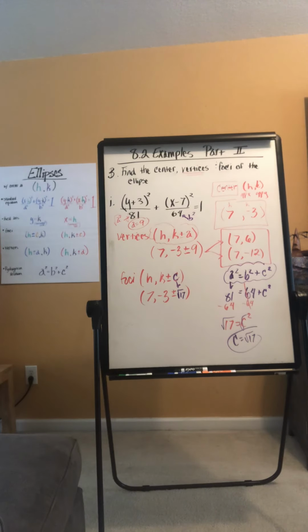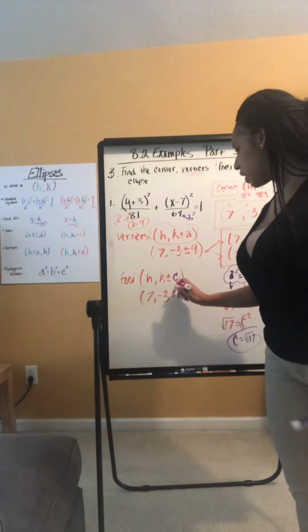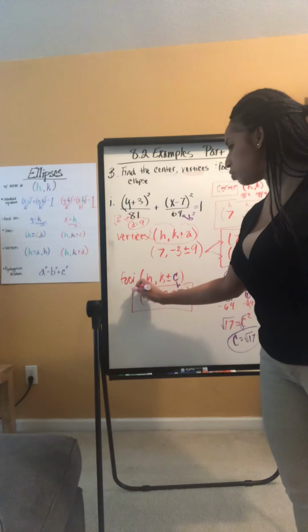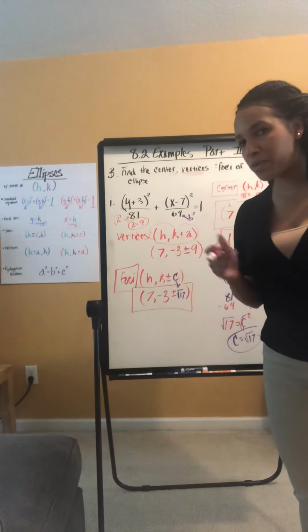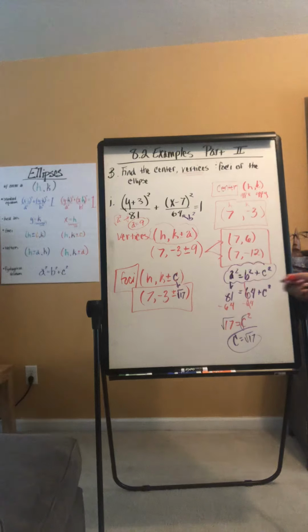Because that is in radical form, we can leave it that way. If you want to do more, you can, which will help you with the bonus that I'll show you in the next video. If you wanted to do more, you could find that the square root of 17 rounded to a decimal is about 4.1.